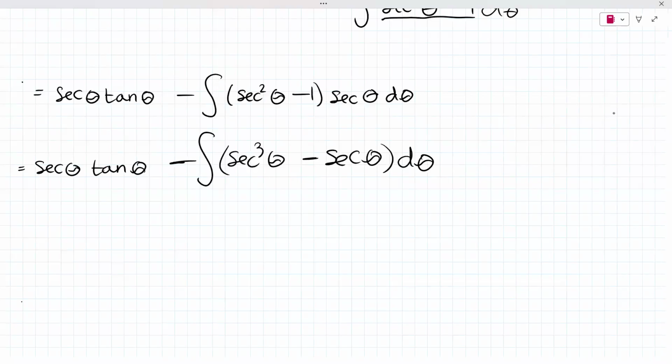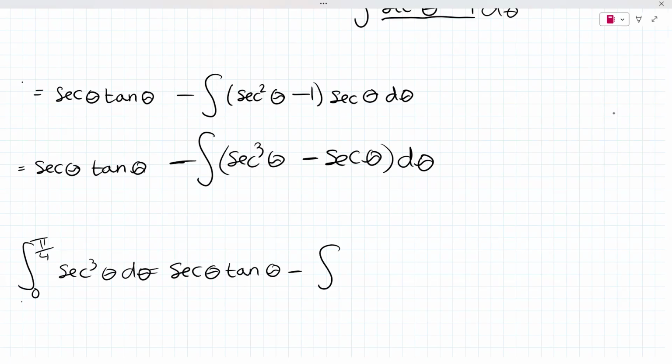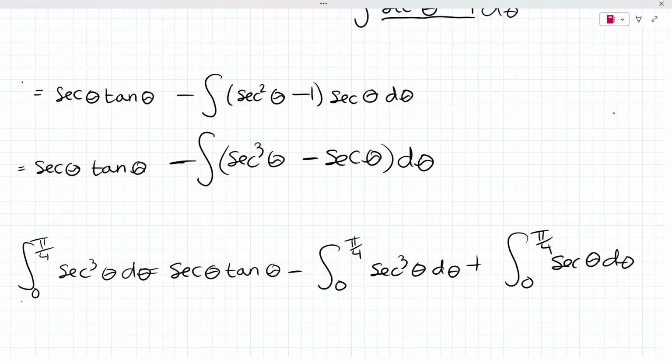So we're going to write it out as from 0 to pi over 4 of secant cube theta d theta is equal to secant theta tan theta minus the integration from 0 to pi over 4 of secant cube theta d theta plus the integration from 0 to pi over 4 of secant theta d theta.